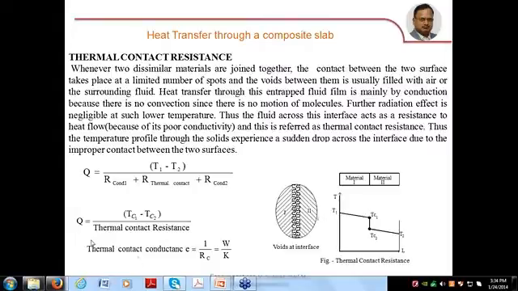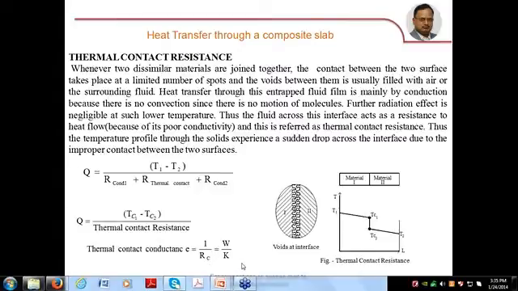So hence you can also write the equation for Q as Tc1 minus Tc2, that is the temperature across this interface, divided by only that resistance, that is called thermal contact resistance. The reciprocal of thermal contact resistance is known as thermal contact conductance and is given in the units watt per Kelvin.